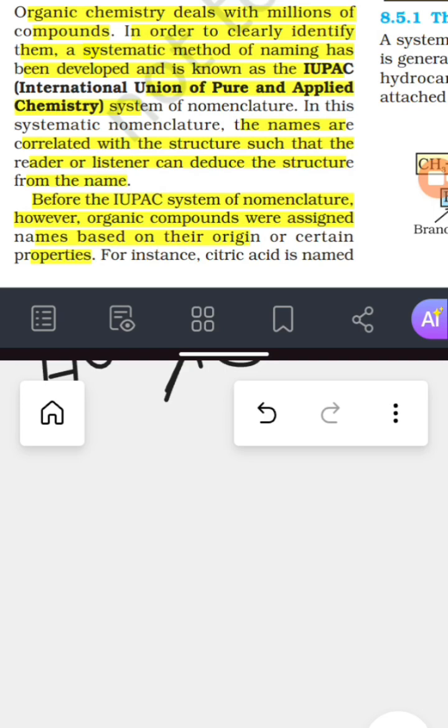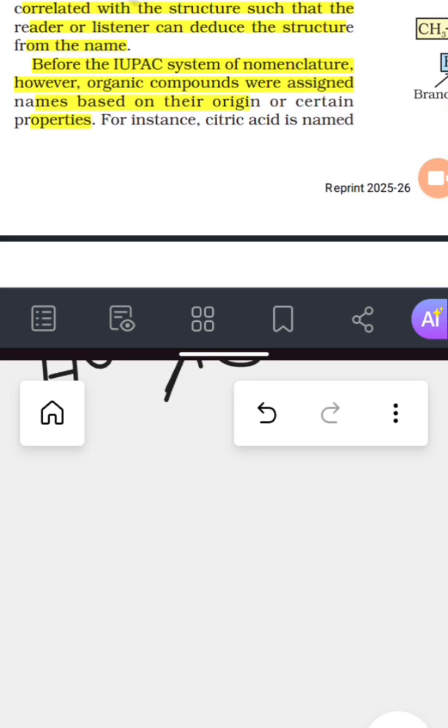But as compounds increased gradually with this homologous series, giving names by origin became difficult. That's why systematic naming was developed.